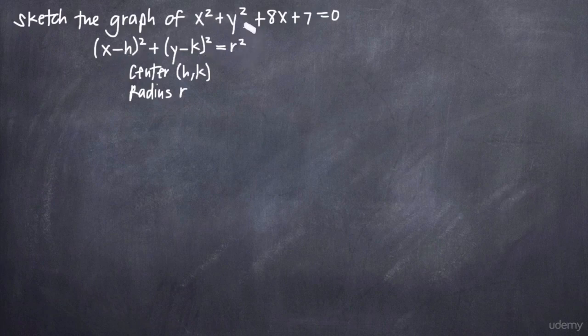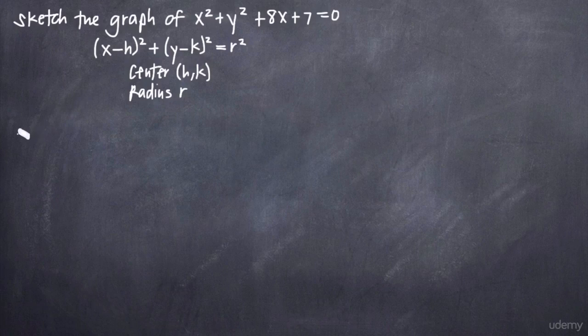So the first thing we want to do in order to transform our equation into the standard form of the circle is to complete the square with respect to both x and y. While we do that, we'll go ahead and move any constants to the right-hand side. So the constant 7 will be subtracted from both sides to move to the right-hand side.